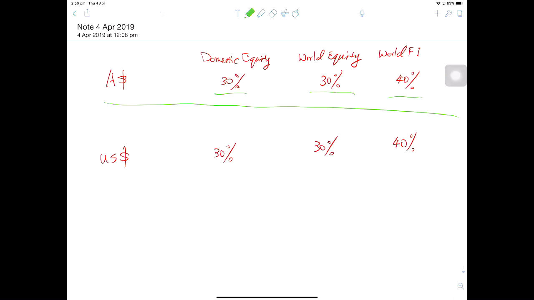Okay, I have this asset allocation. This is my diversified portfolio. The single most important driver of my total portfolio risk is world equity. Now I have a new asset which has a beta of less than 1 relative to that world equity.